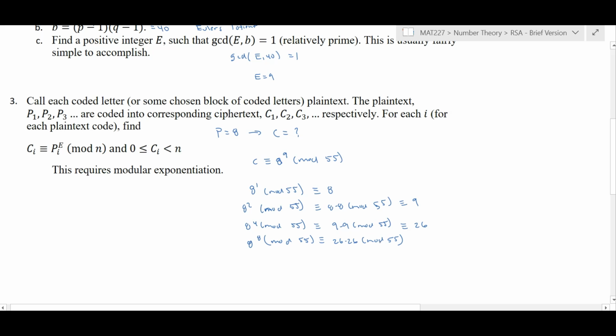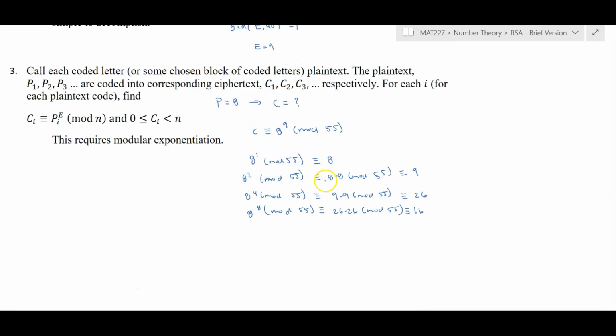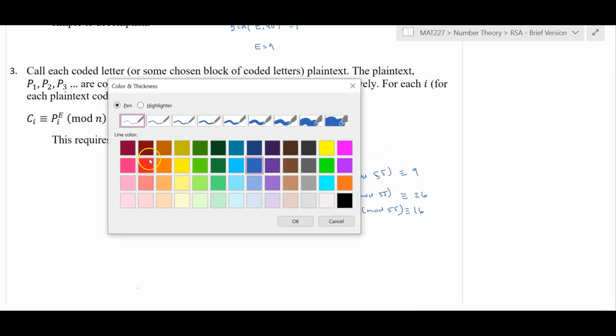Now, 26 squared comes out to 676. 55 goes into that 12 times. 676 minus 12 times 55 ought to give me the remainder, which is 16. Perfect.